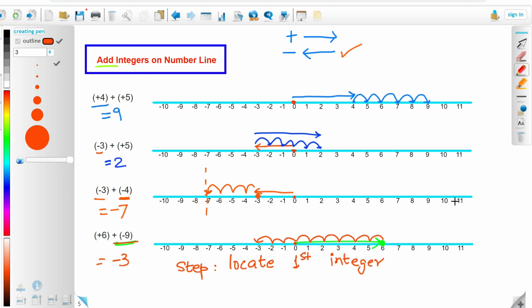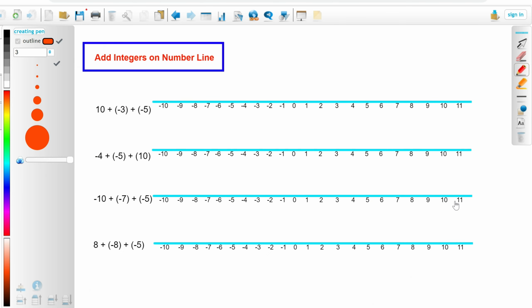And step number 2 is move further right for positive and left if the number is negative. Is that clear to you? Once you follow this step, you will get your result. Perfect. Okay, let's move on and see some more complicated questions.